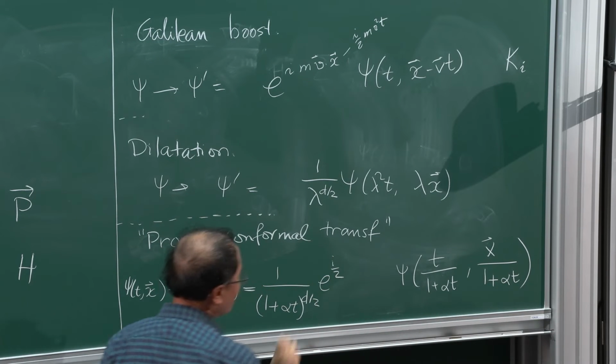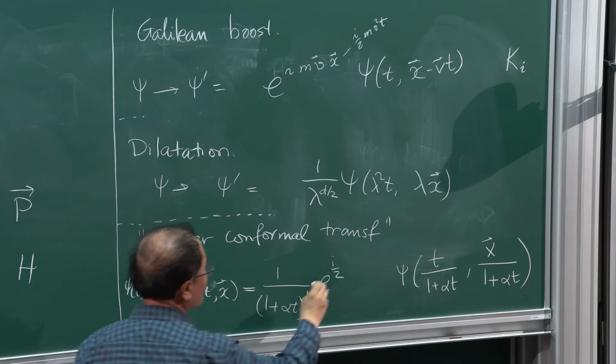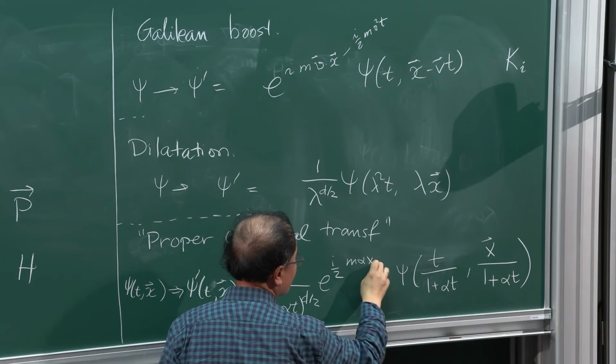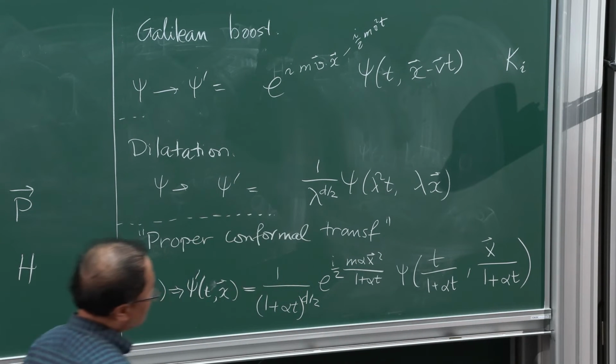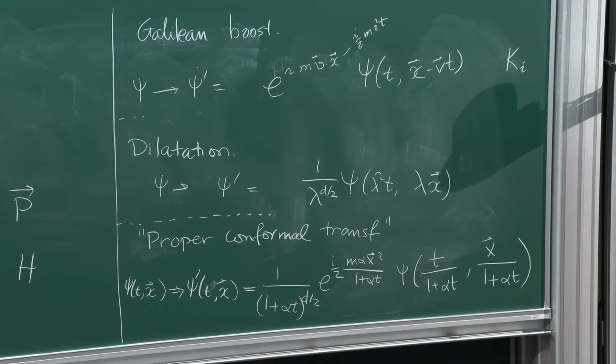I over 2: this one I'm not sure I get the sign right, but it looks like this. Turns out that there is such a transformation which keeps the solution invariant, keeps the equation satisfied.